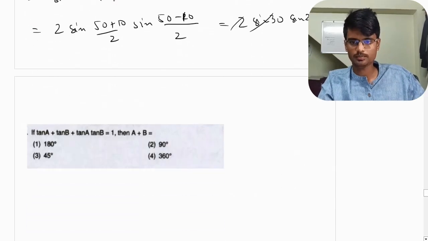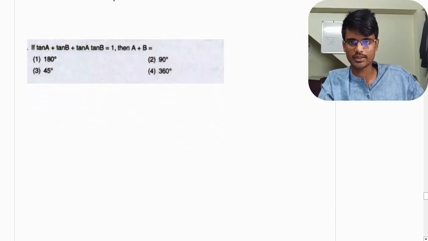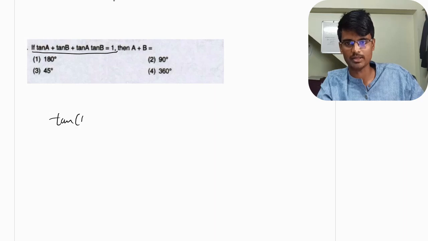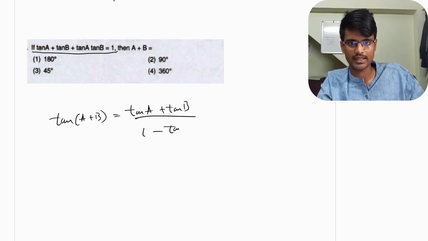Moving on. Yeah, again an interesting question. Here if you look, you'll get a hint. So you can try what is tan of A plus B. Tan A plus tan B over 1 minus tan A tan B. So all these three terms I have here.